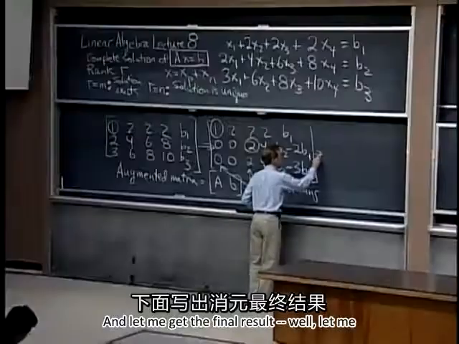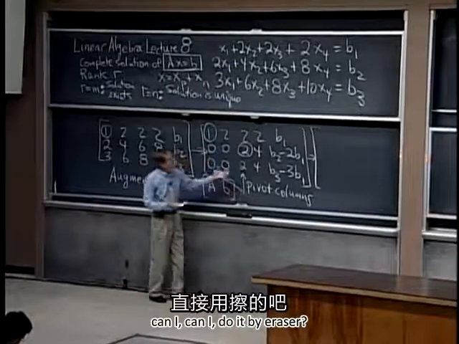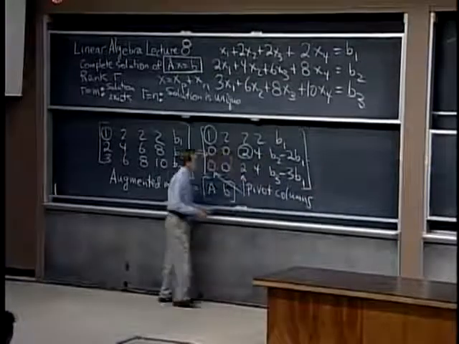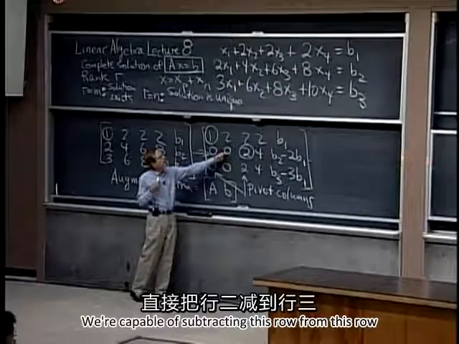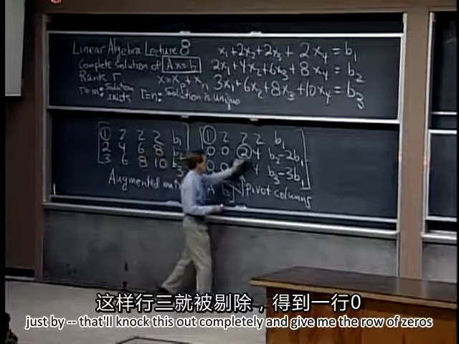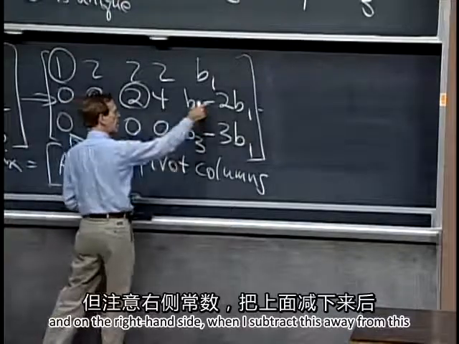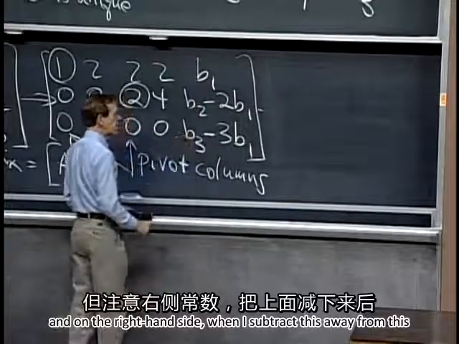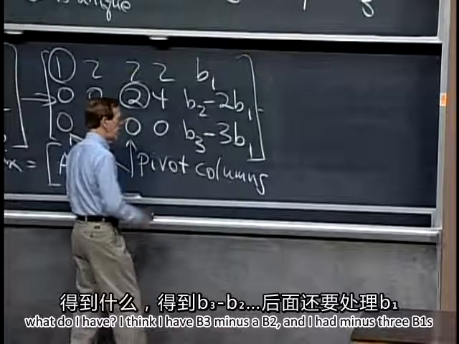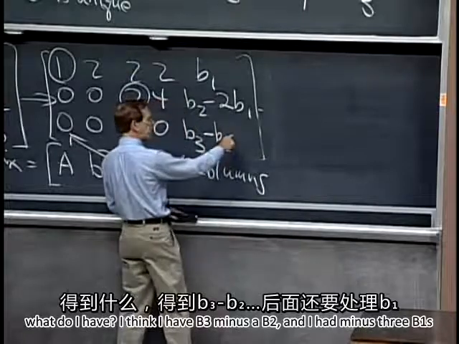And let me get the final result. Well, can I do it by erasure? We're capable of subtracting this row from this row, and that'll knock this out completely and give me the row of zeros. And on the right-hand side, when I subtract this away from this, what do I have? I think I have b3 minus b2, and I had minus 3b1.